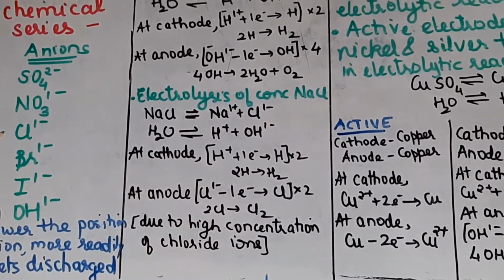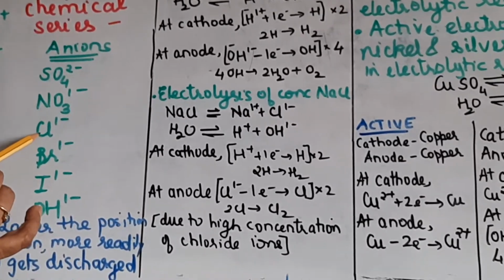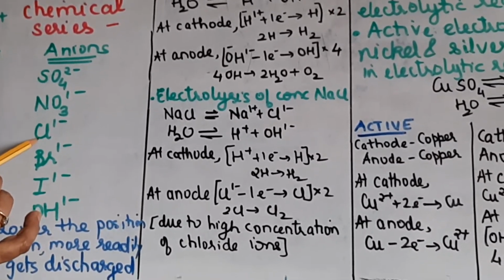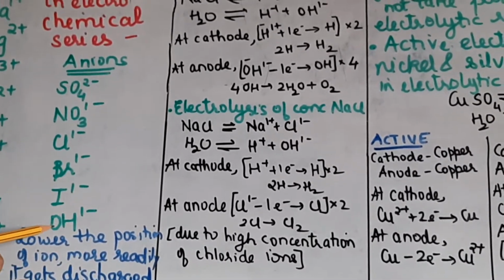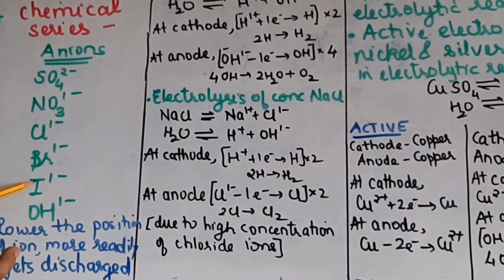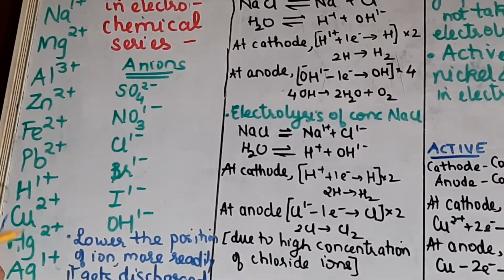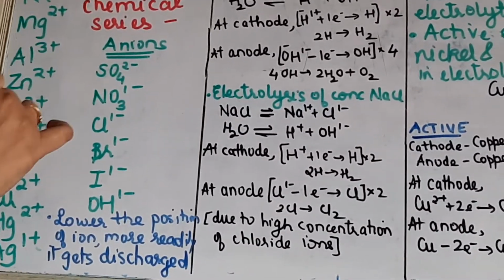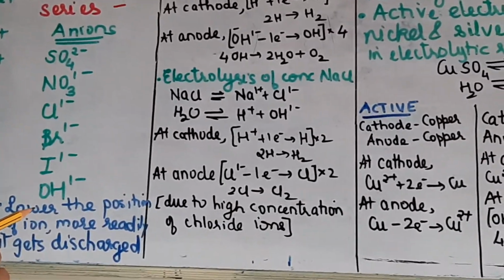Between chlorine and hydroxyl, because chloride ions are in a higher concentration, they are going to get preferentially discharged, because between chlorine and OH minus there is a separation of only 2 ions in between. Whereas for sodium and hydrogen, the gap is more, because the position of sodium is very high in the electrochemical series.